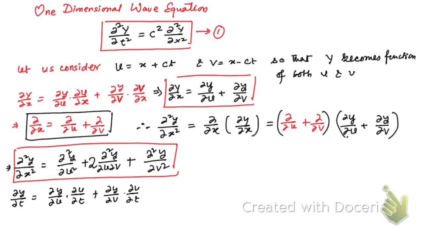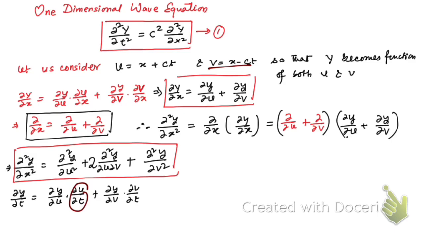And again, if you differentiate this with respect to t, you're going to get c here, because this is going to be 0 with respect to t, and if you differentiate this with respect to t, then you're going to get c. So del u by del t is going to be equal to c. So that's why we're going to put c here. Similarly, if you find del v by del t, that's going to be 0 minus c into 1, that's going to be minus c.